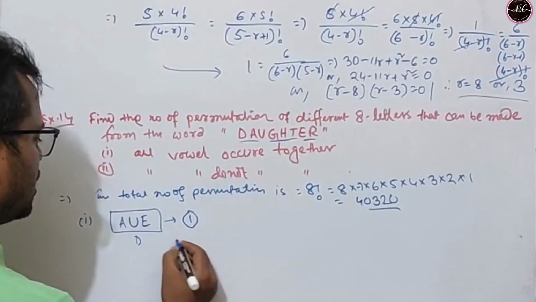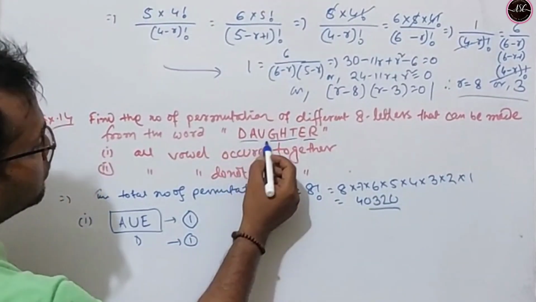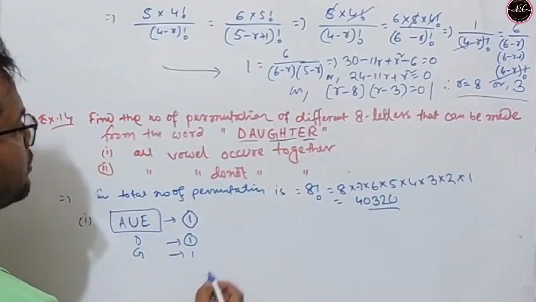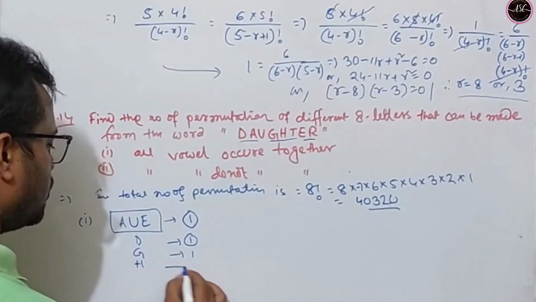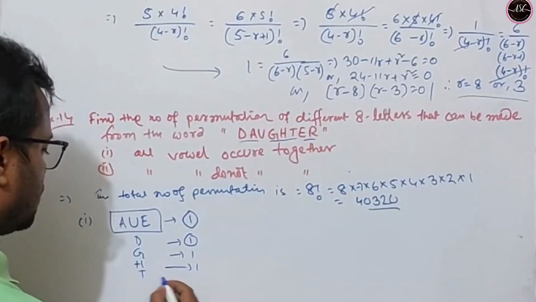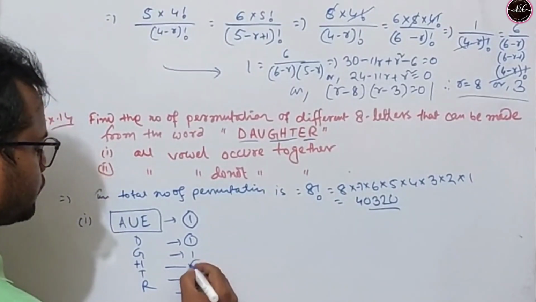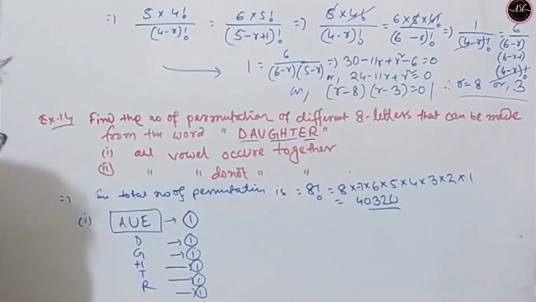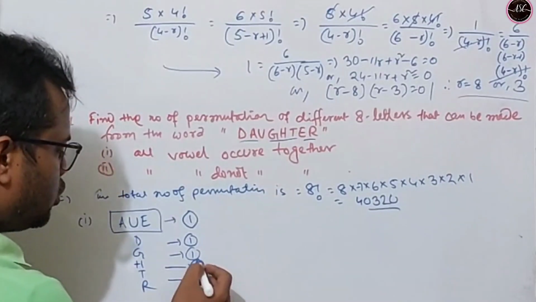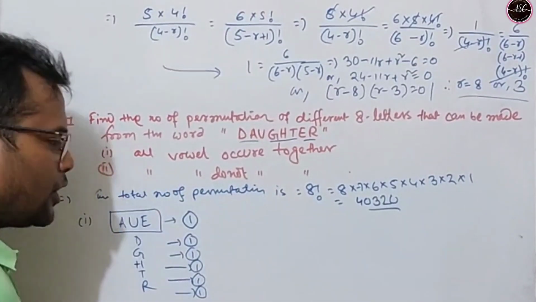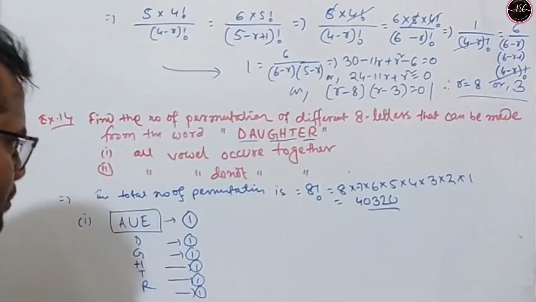Here D occurs 1 time, G occurs 1 time, H occurs 1 time, T occurs 1 time, and R occurs 1 time. So how many letters are there? 1, 2, 3, 4, 5, 6. So there are 6 letters.